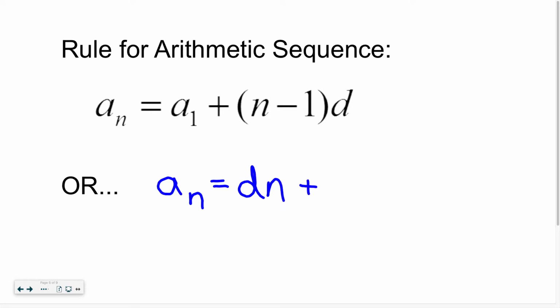And then remember how we said what would have come before that first term? I could say plus a sub 0. We will go under the assumption that the first thing listed in a sequence is really the first term, unless we're told that it's a different term. So I'll always ask, can I see based on the pattern what would have been the thing before it? What would have been my 0 term? That was that negative 3 we saw in the first example. So that's like your y-intercept, essentially.